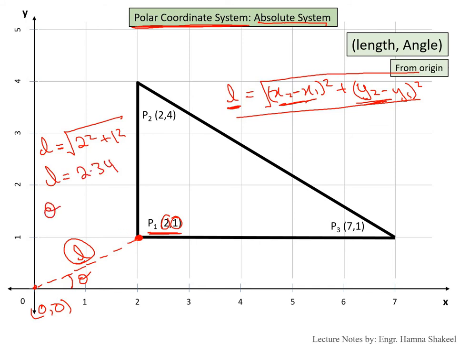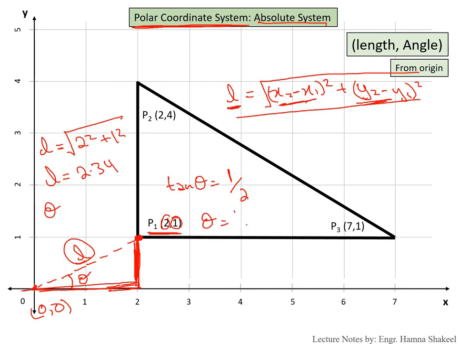And for the angle, you can use the trigonometric relation. You know that tangent theta is equal to perpendicular divided by base. So in this case, the perpendicular value is 1 and the base value is 2.